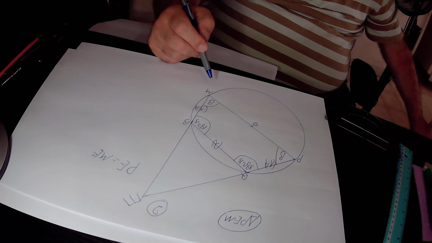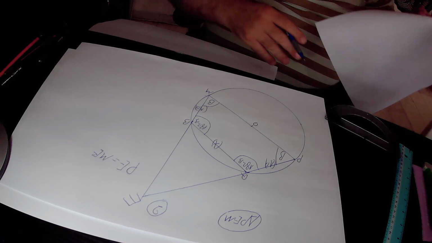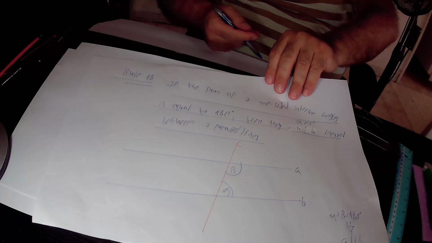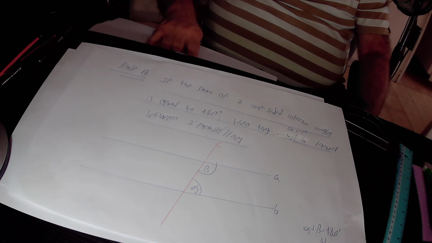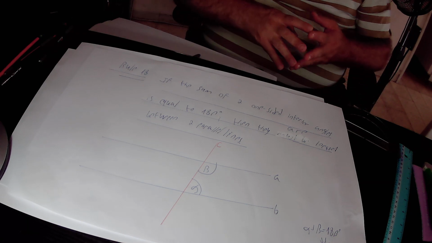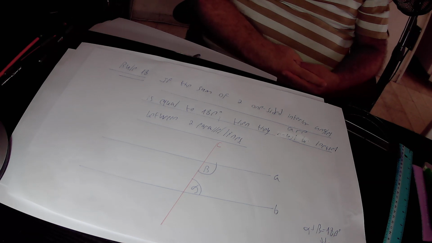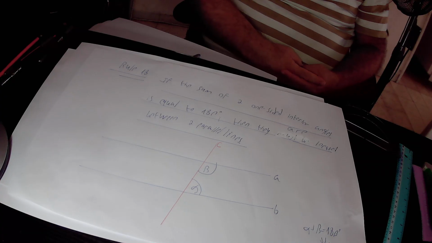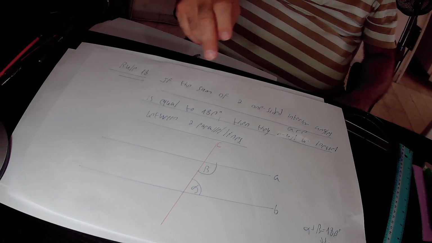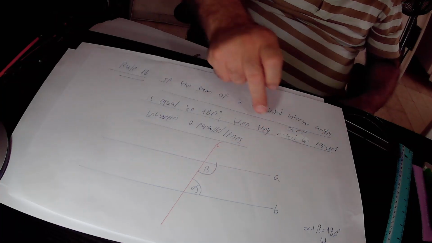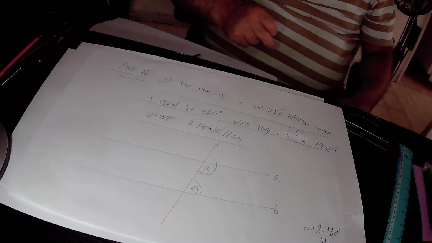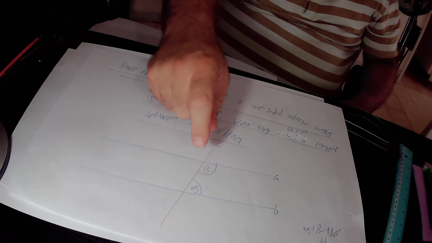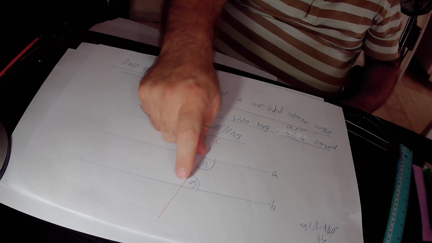So, I repeat quickly rule 18. According to rule 18, if the sum of one-sided interior angles is equal to 180 degrees, then they are located between two parallel lines. So in the drawing we have line A and line B. This is the red line C that intersects those two lines A and B at those two points.